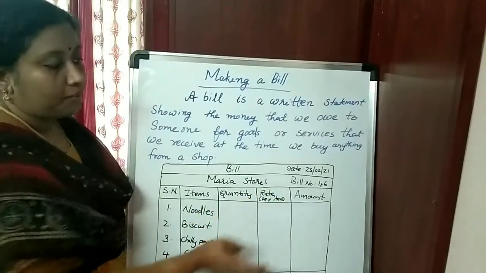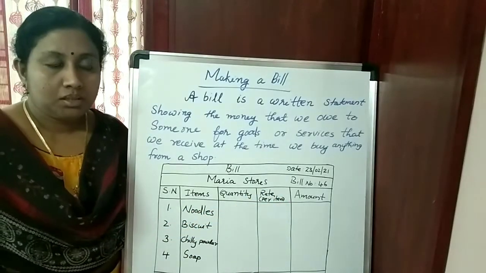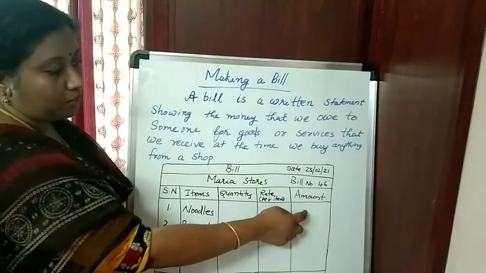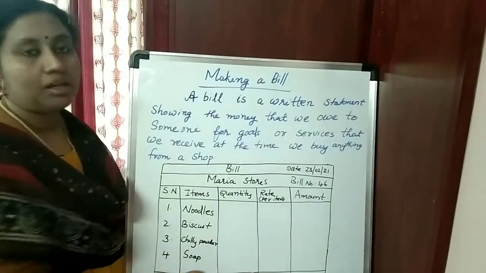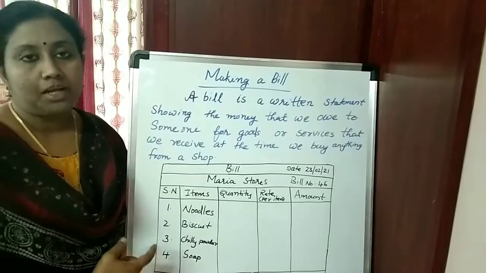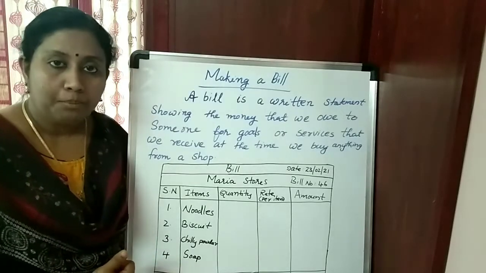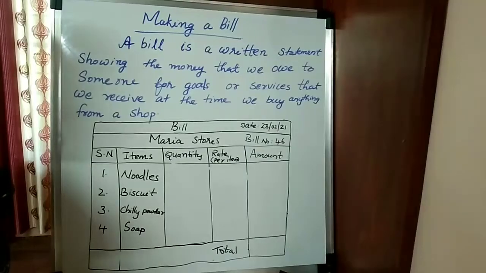Then amount, and at last you find the total amount. These are all mentioned in that slip. That slip is known as what? Bill.